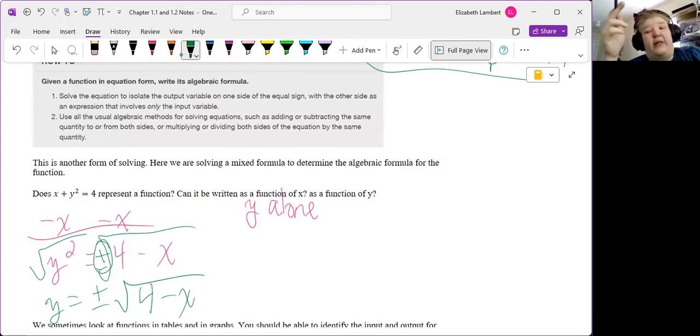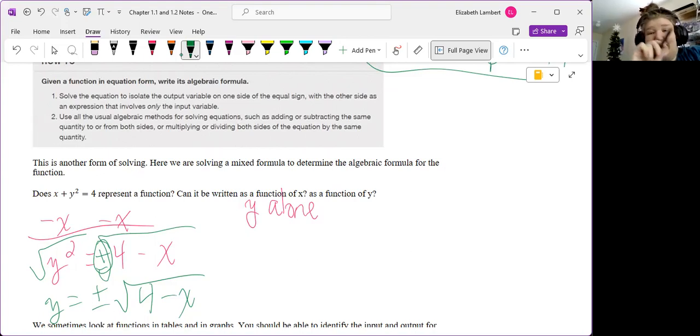So if I plug in a value like 0, 4 minus 0 is 4, square root of 4 is 2, but is it going to be positive 2 or negative 2? I don't know. Both of those would work as an ordered pair in the relation, but as a function, this does not work. My x equals 0 is wanting to map to positive 2 and negative 2 equally.